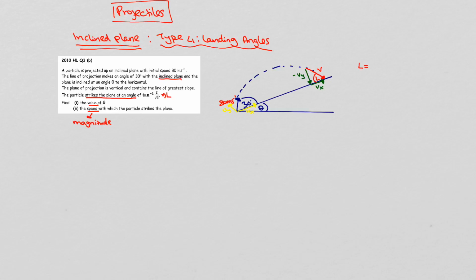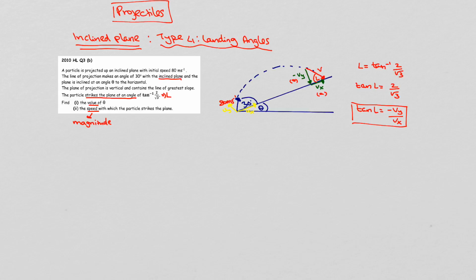So we're told that L is equal to tan inverse of 2 over root 3, which basically means that tan of the landing angle is equal to 2 over root 3. Now we also know that tan of the landing angle as a formula is actually minus Vy over Vx, because if I look at my diagram, the opposite is Vy and the adjacent is Vx.